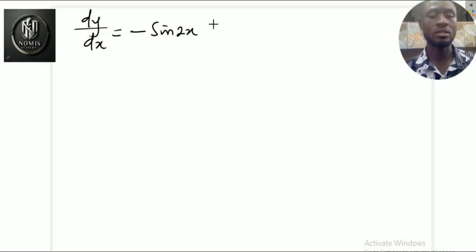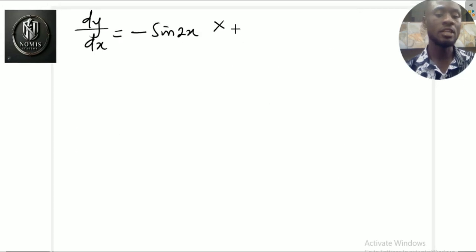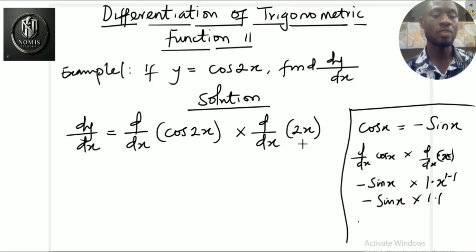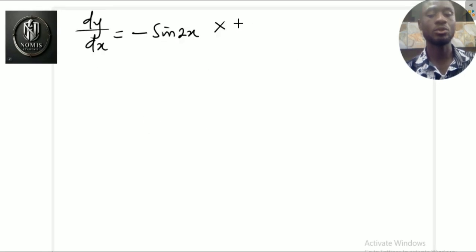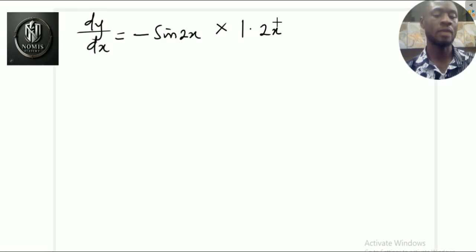Then we will now say times d/dx of 2x. Let us differentiate. If we have 2x, then we have an exponent of 1 here. Good. So that will be 1 multiplying 2x, then that 1 minus 1.